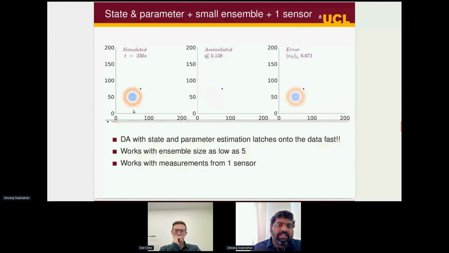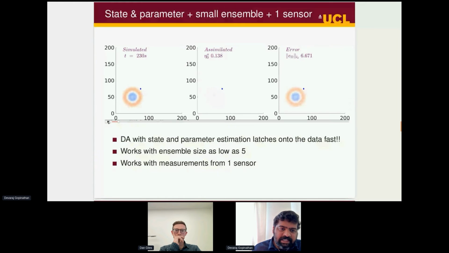At the left is the simulated waveform. In the middle is the assimilated waveform once it has passed through the algorithm. And on the right is the error between the simulated and the assimilated. Ideally, we would like the error to be as low as possible. So you can see the shape of the tsunami wave on the left. It's evolving.